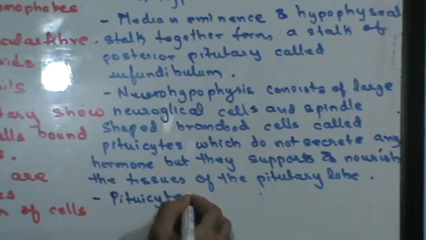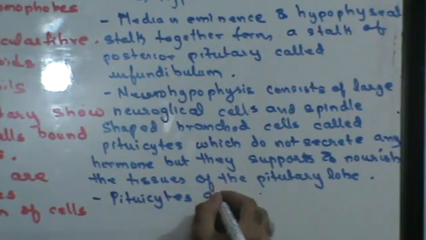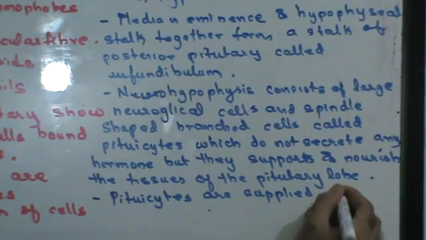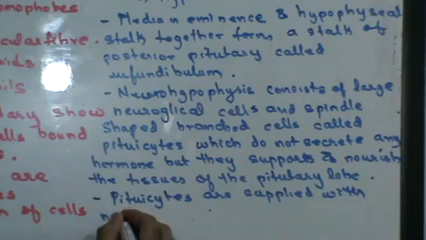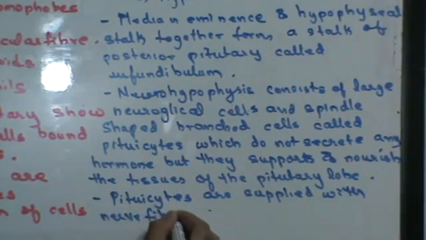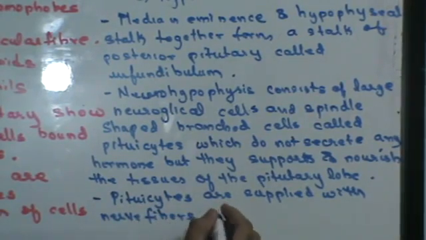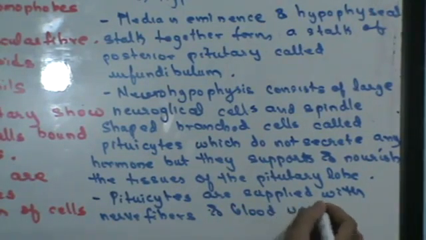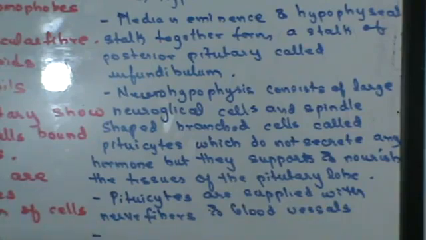The pituocytes are supplied with nerve fibers and blood vessels. Right?